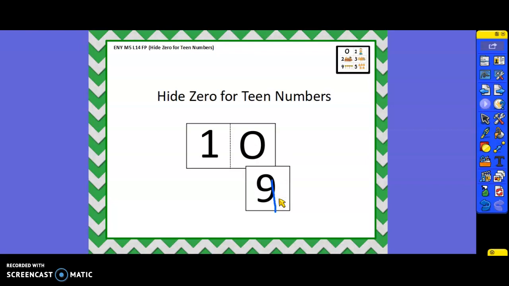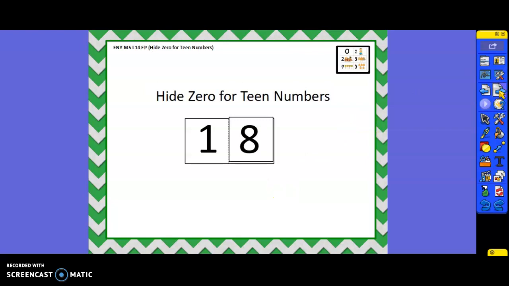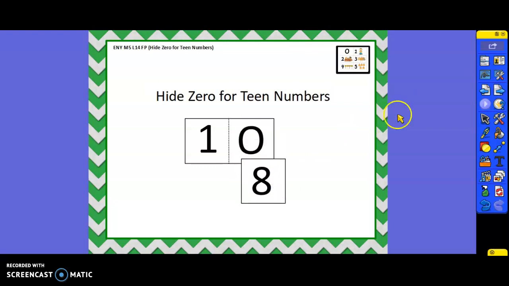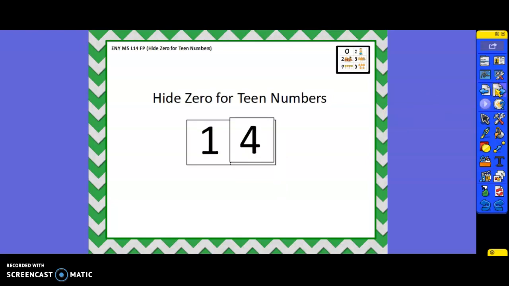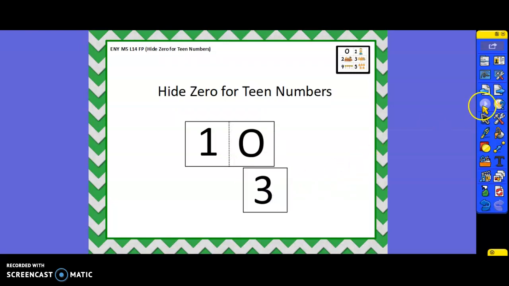That's right. 10, 9 are our parts of 19. 15, 10, 5. Yes, oh, I love those hide 0 cards. 10, 5 are our parts of 15. 18, 10, 8. 14, 10, 4. 13, 10, 3.